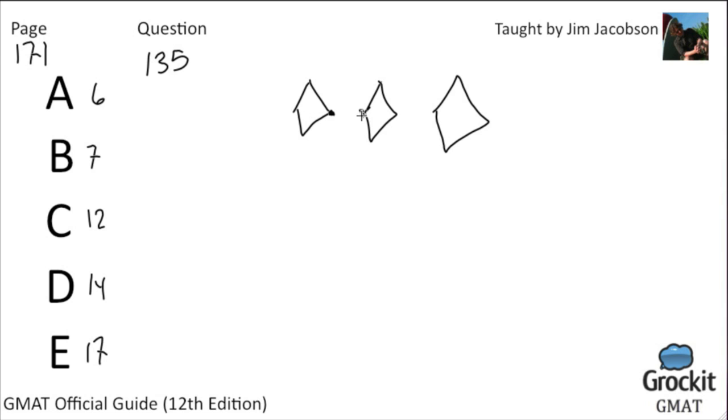Here's X, and there's Y. I don't really need to draw the points because we're not adding the number of points it can pass, we're just adding the number of paths. How many different paths can it go?